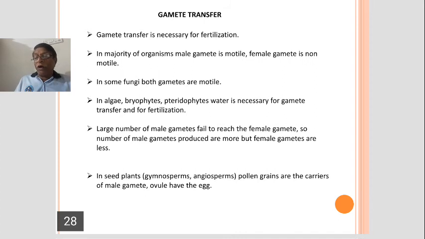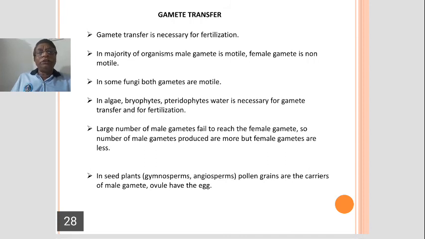In the process of sexual reproduction, after the formation of gametes, they must be brought nearer each other. That is, the male and female gametes must come nearer each other.